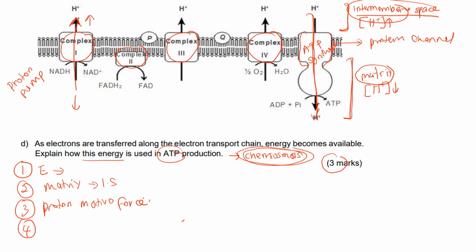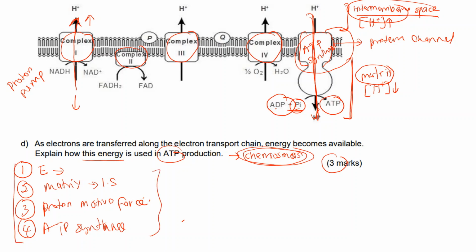As hydrogen ion diffuses back into the matrix using ATP synthase, ATP synthase will use the exergonic flow of hydrogen ion to phosphorylate ADP to form ATP. ADP combines with inorganic phosphate to form ATP. So here I've listed 4 points. You just choose any 3 points for 3 marks.